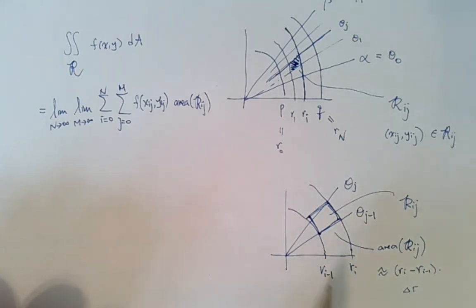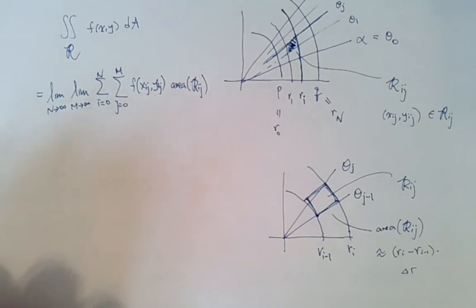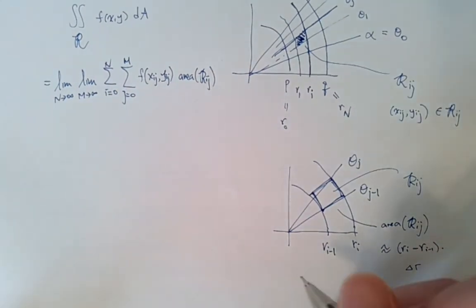So you might then be tempted to say that this length here is the change in theta, but that's not quite right. Think about, what if theta changes from 0 to 2 pi? Then we get the entire circle. What is that length? That's 2 pi r sub i. So notice that we'll do some scratch work here.